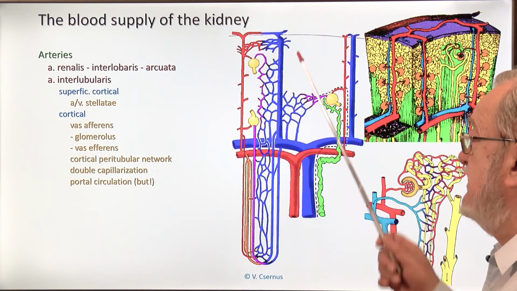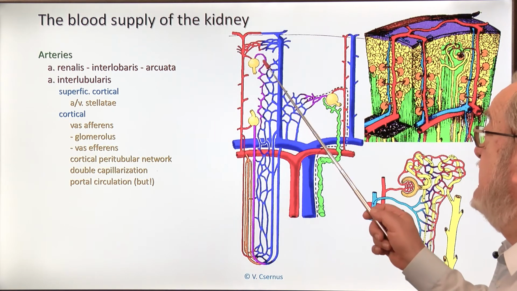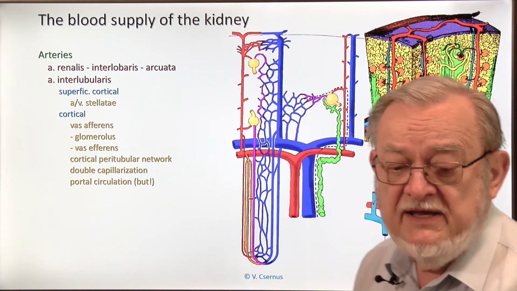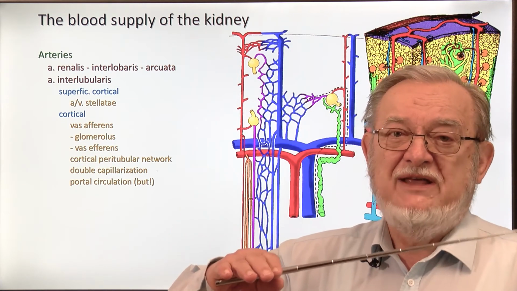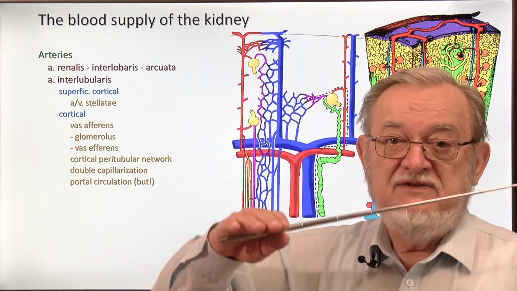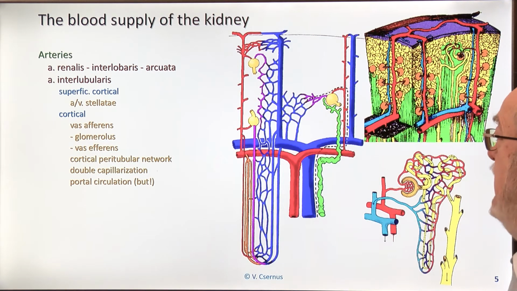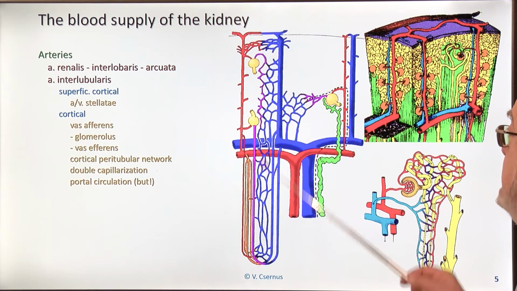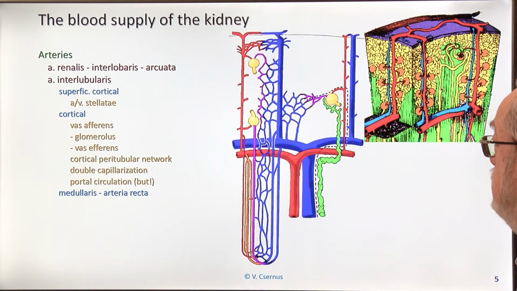Even in the vas efferens, we have much higher pressure than in normal venous blood. This is required for the filtration. You know from biophysics, if you act with physical pressure on a filtrating liquid, it filters quicker. This is what we name ultrafiltration. So this is similar to the portal circulation, but the difference is that this is not a vein, this is an artery, the intermediate vessel.